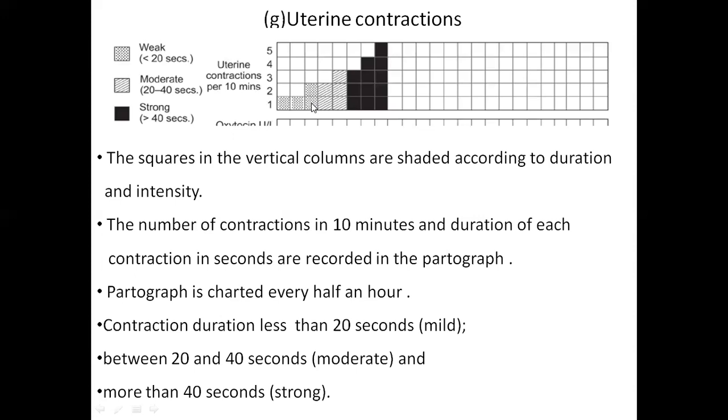After 90 minutes, there are two contractions in 10 minutes, which is also weak. After that, three contractions in 10 minutes, which are moderate in intensity, and after that there are strong contractions: 3 in 10 minutes, 4 in 10 minutes, and 5 in 10 minutes. So these are showing the strong contraction.